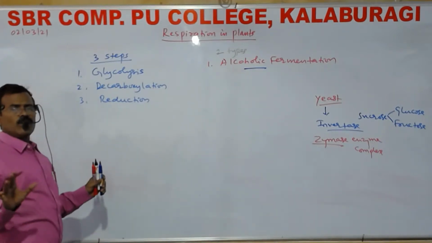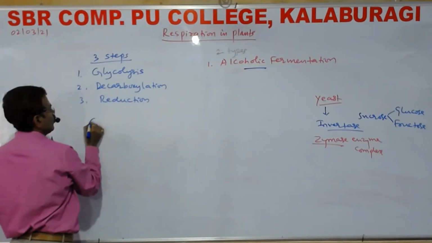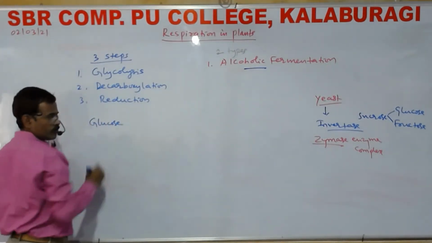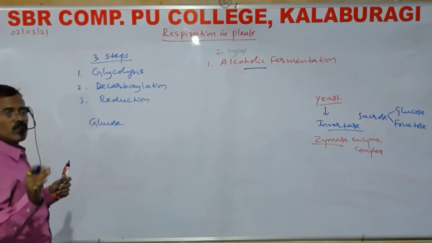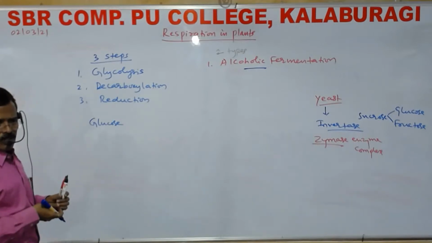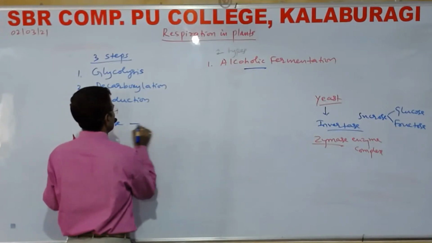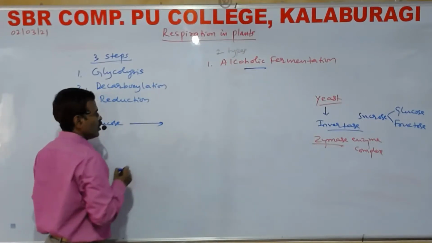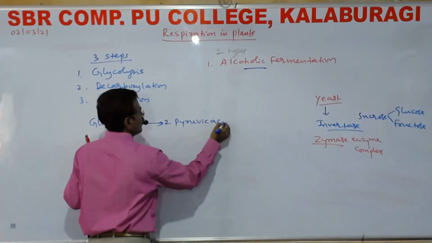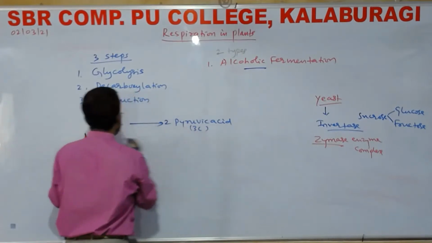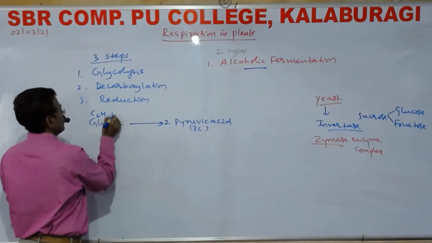See, the first step is glycolysis. So in glycolysis, what happens? Glucose is partially broken down into two molecules of pyruvic acid, a 3 carbon compound. This is the 6 carbon compound, C6H12O6.